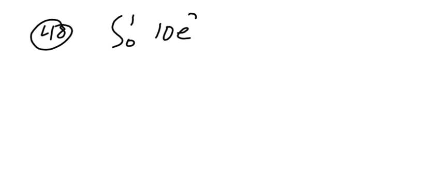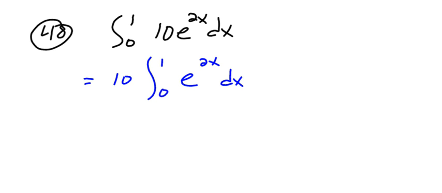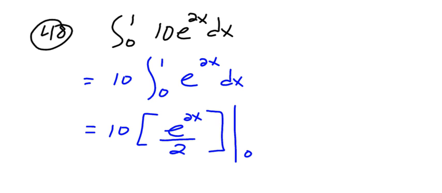Trying another one, I'm going to do 48. I have the integral from 0 to 1 of 10 e to the 2x dx. So I'm going to do the same process. I'm going to pull that constant multiple out, 0 to 1, e to the 2x dx. I'm going to find the antiderivative, which is e to the 2x divided by 2. And I'm going to evaluate this from 0 to 1.